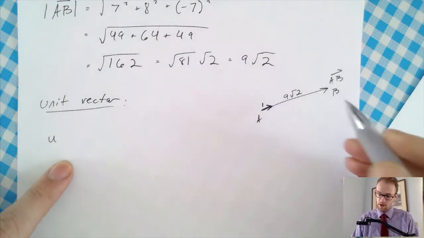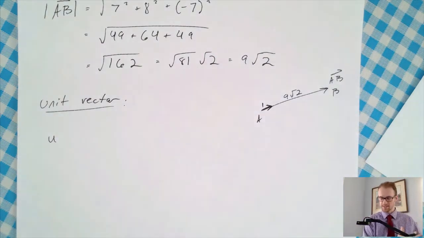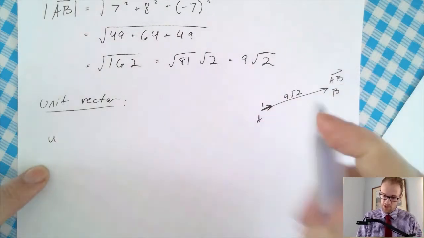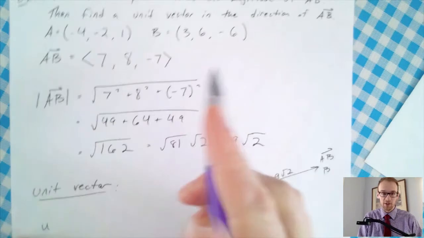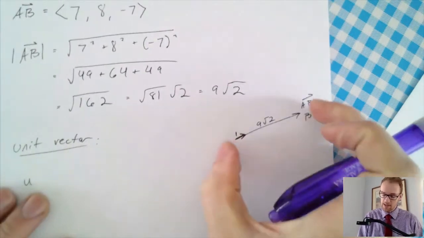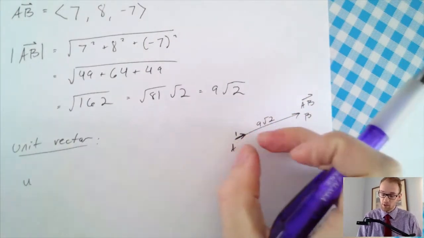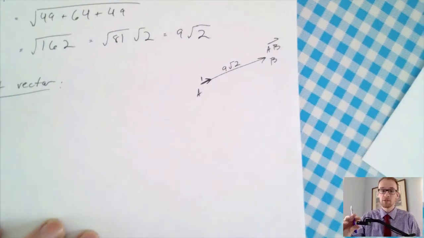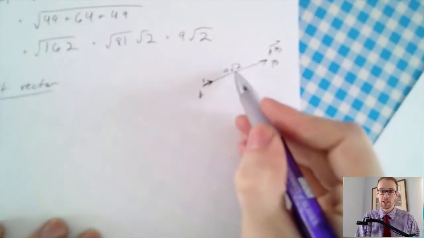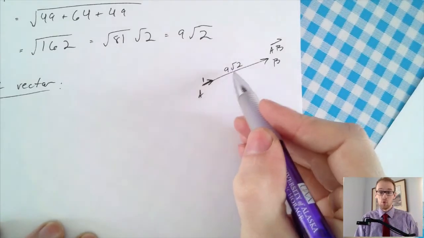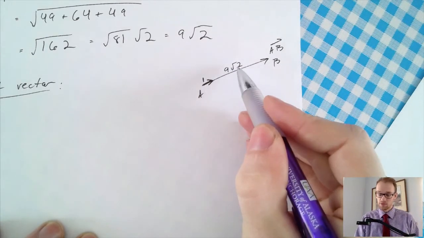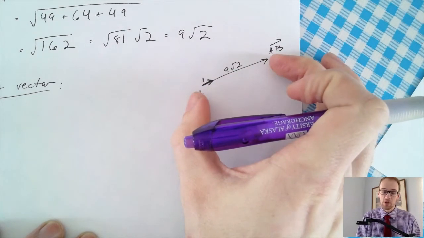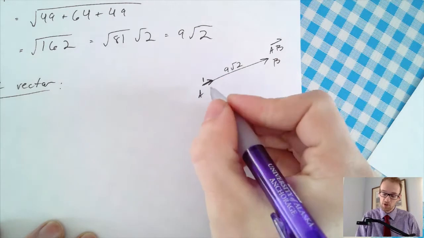Now, you might remember from the last section that to find the unit vector, we just need to take all 3 components of our given vector and scale them down by a ratio, and that ratio is the reciprocal of our magnitude, 9 root 2. Okay, so if I take 1 over 9 root 2 and multiply that by each component of our vector AB, that will give me the components of our U vector.